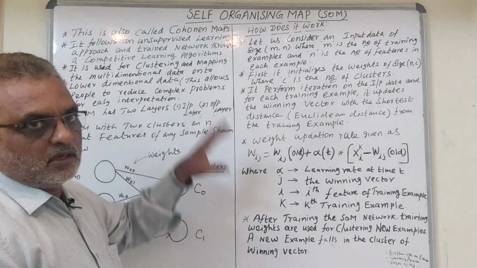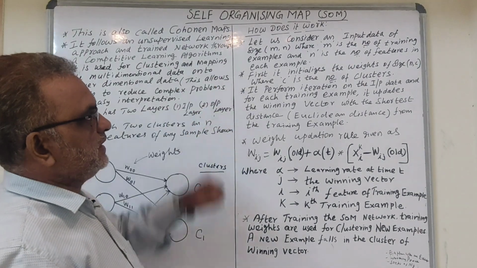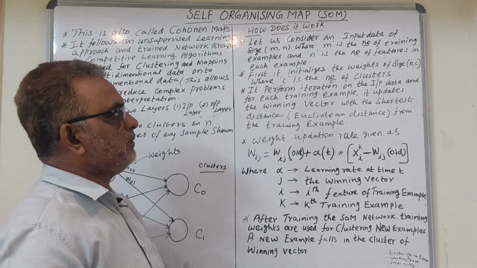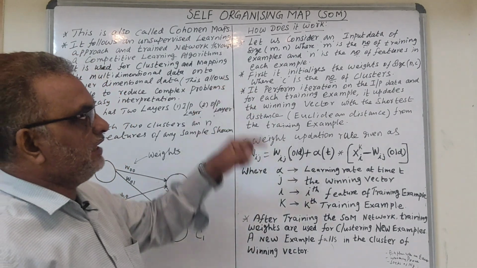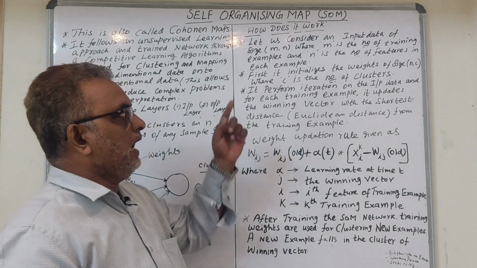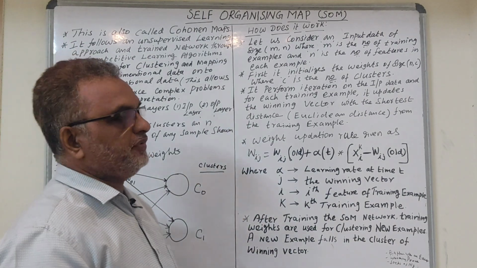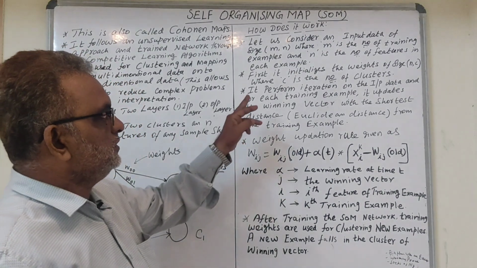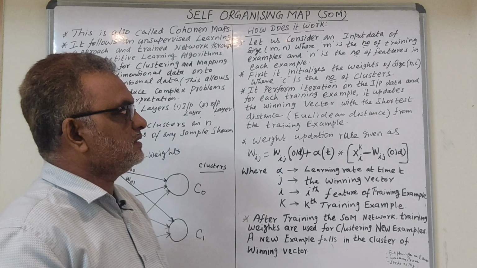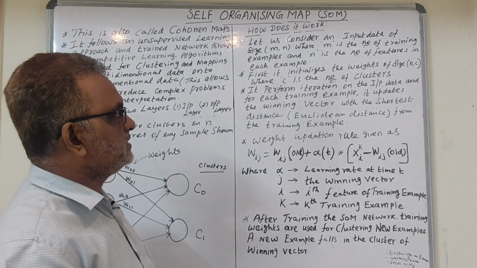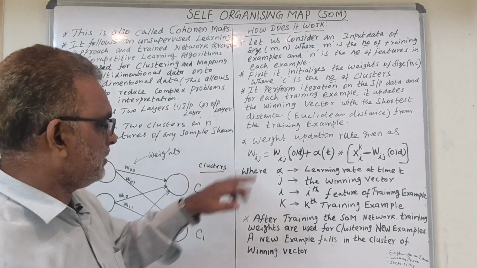How does this algorithm work? Let us consider an input data of size m, n, where m is the number of training examples and n is the number of features in each example. First, it initializes the weights of size n, c, where C is the number of clusters.